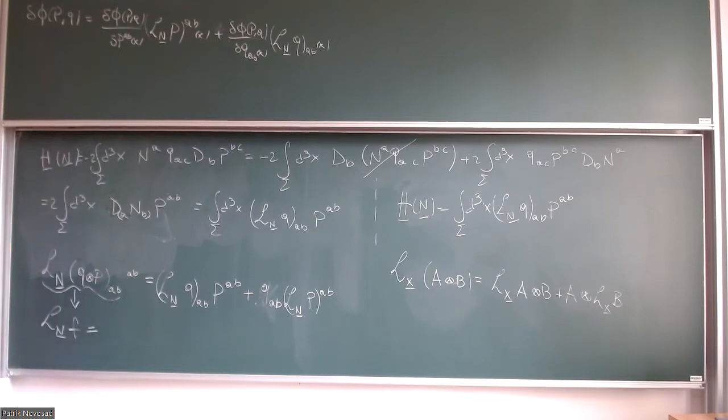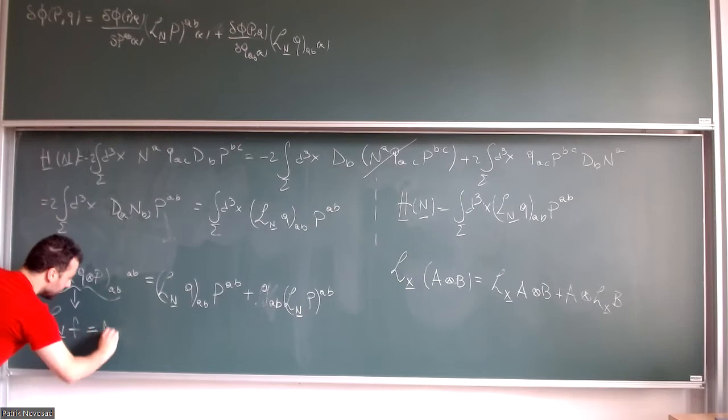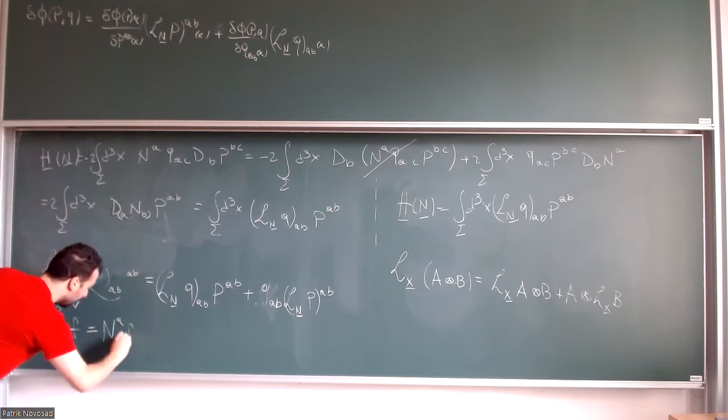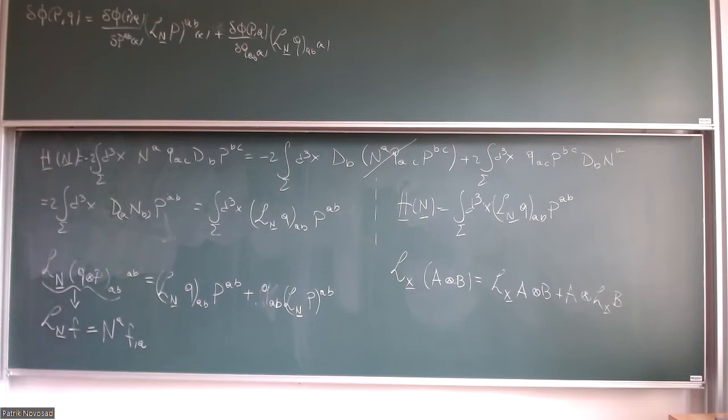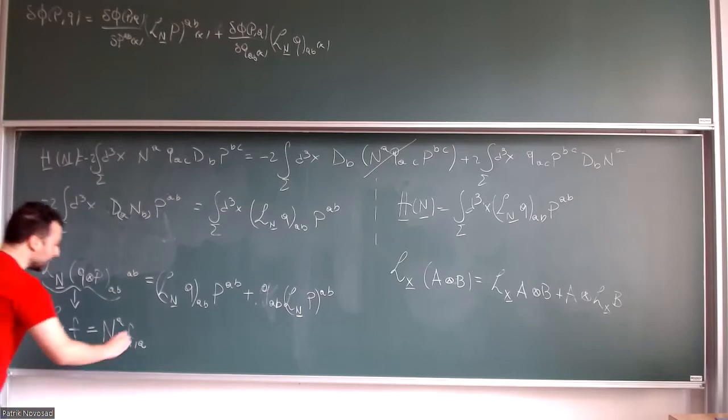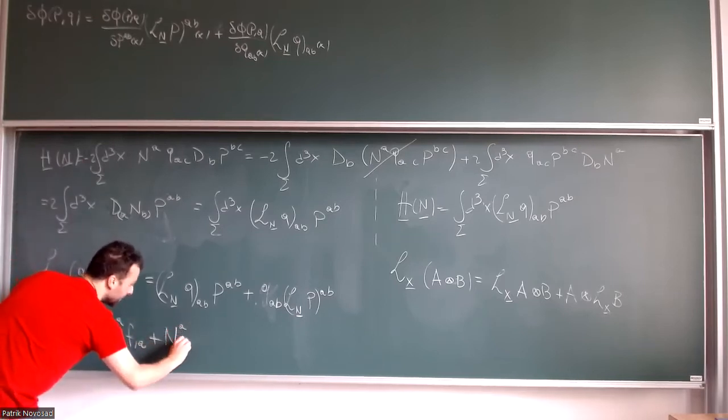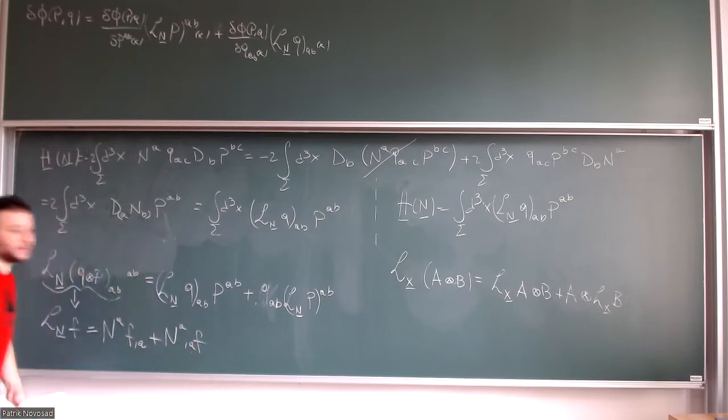And yeah, this then comes just the f comma a. This is for the usual derivative, but then since it's a scalar density of weight 1, we have also the additional term. That's the contraction between NA with its partial derivative.